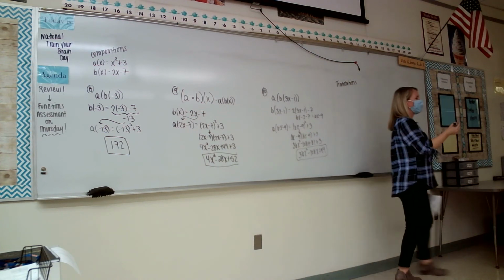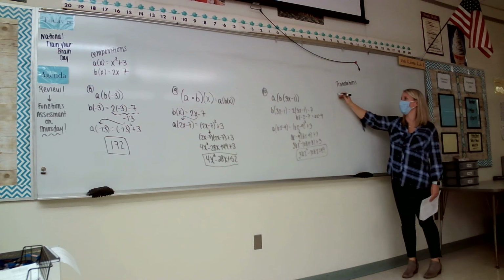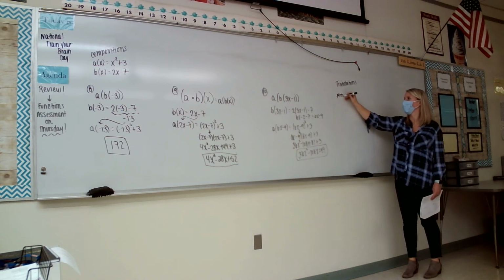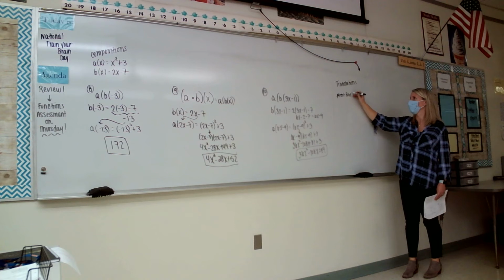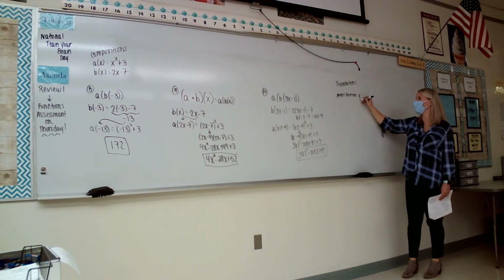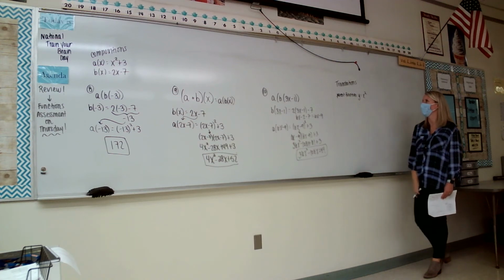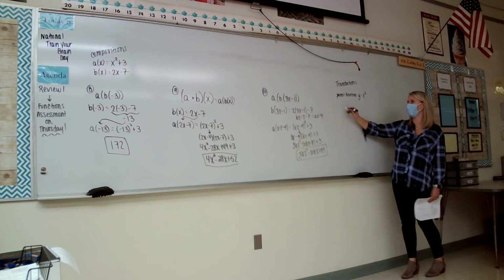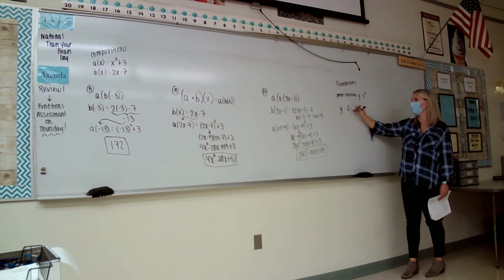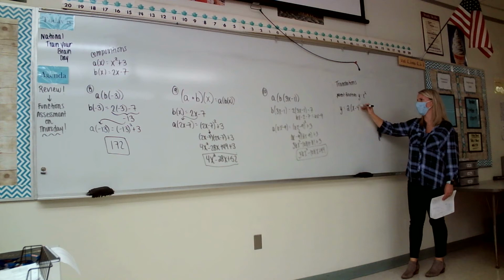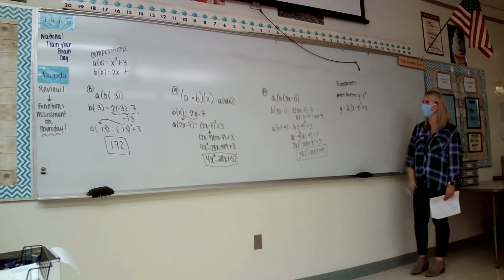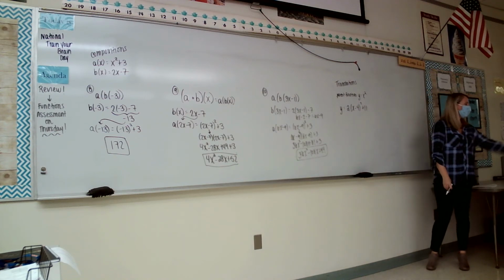Translations, I might say something like, hey, the parent function is y equals x squared. If I gave you the function y equals 2 times x minus 4 squared plus 11, what's the translation?